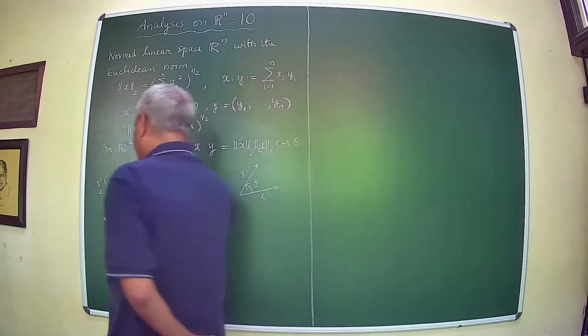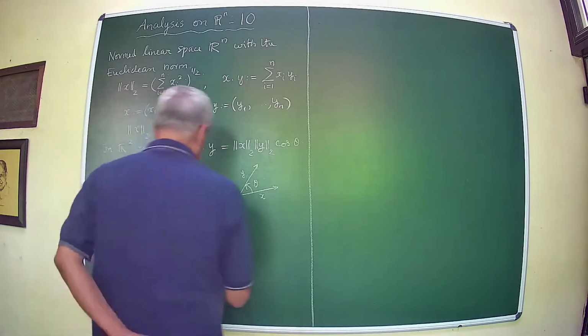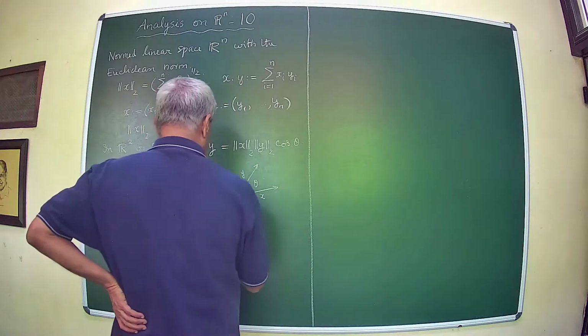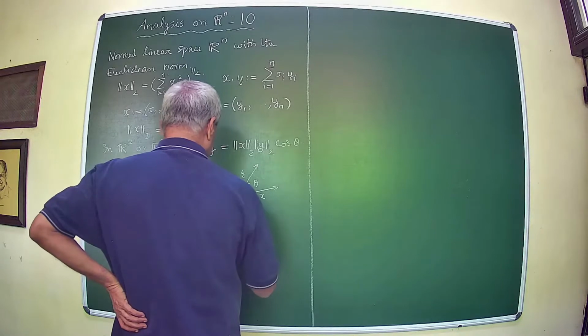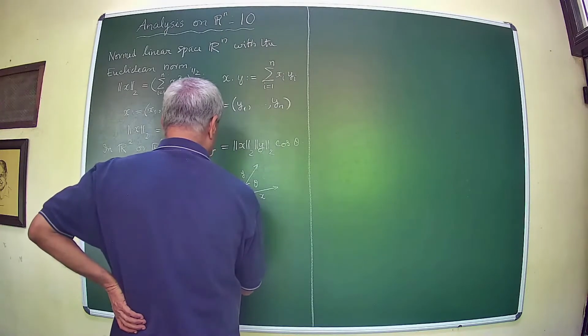Now what I wanted to say is this. Now we also have a look at this. Now this gives, in R2 for instance, if you have a vector x, you have a vector y, then this particular distance is rho.